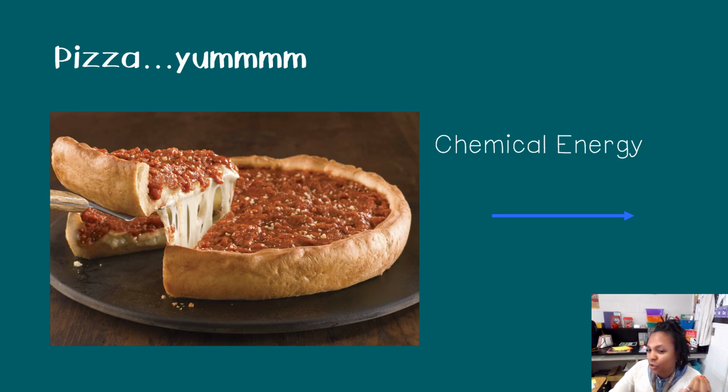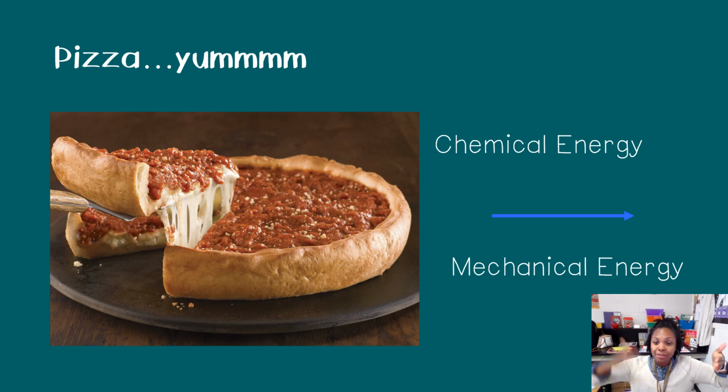What happens when you eat? I talked about this the other day too, when you eat, you're able to do what? You're not feeling sluggish, you're active, you're ready to go, so it's giving you fuel. So that chemical energy is being transformed into mechanical energy when we eat our food, because that chemical energy is being transformed into motion. We're able to move after we eat. Okay?